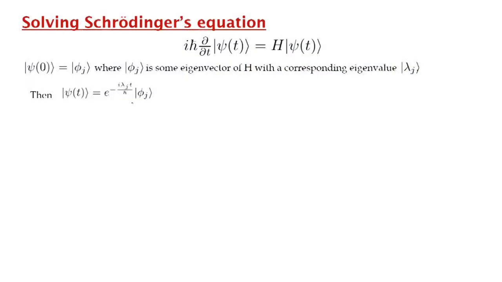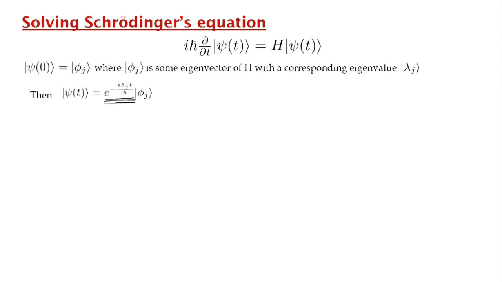Okay, so what is this saying? All that Schrödinger's equation is doing to the eigenvector of H is that it evolves in time by just changing the phase in front of the eigenvector, in front of the state.